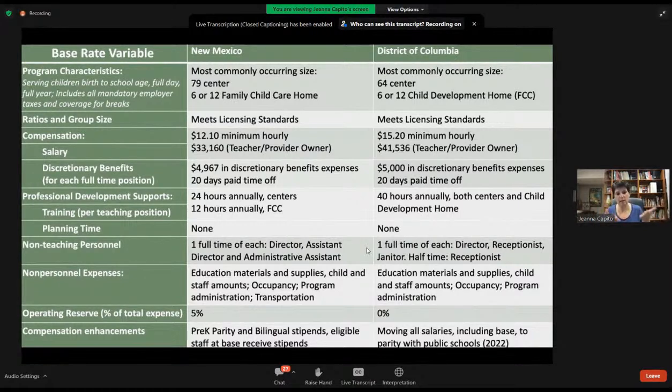Planning time is one of the biggest places that we can right size the issue that in all instances in early care and education, people report working 70 and 80 hours a week to actually be able to serve children for 40 hours because there's so much else that they have to do for the job. Planning time is a way to really support us to get at that. So I want to highlight that while that is not in the base of these two states, I think it's something we should be really thoughtful and intentional about in the decision for California.